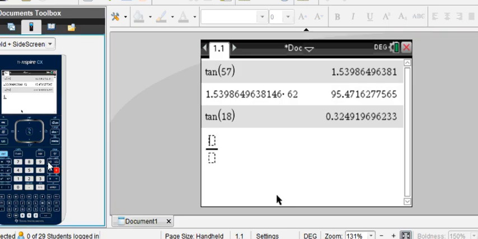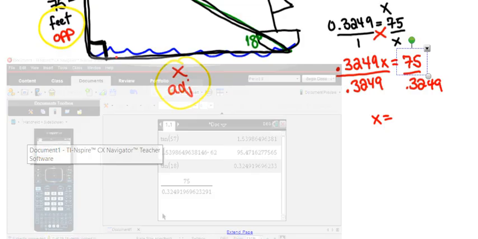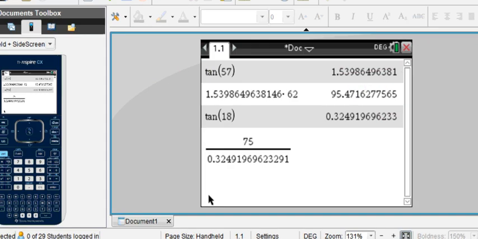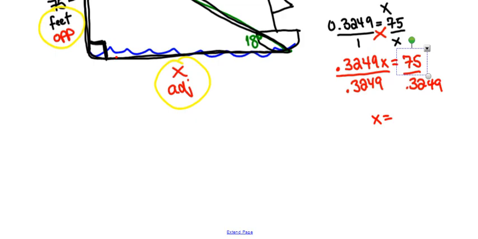I'm going to put 75 in the numerator, and then in the denominator I want to cut, copy and paste, so again I'm using that entire decimal when I plug this into the calculator. When I round this to the nearest foot, I've got about 231 feet. So I know that my boat is about 231 feet away from crashing into that cliff.